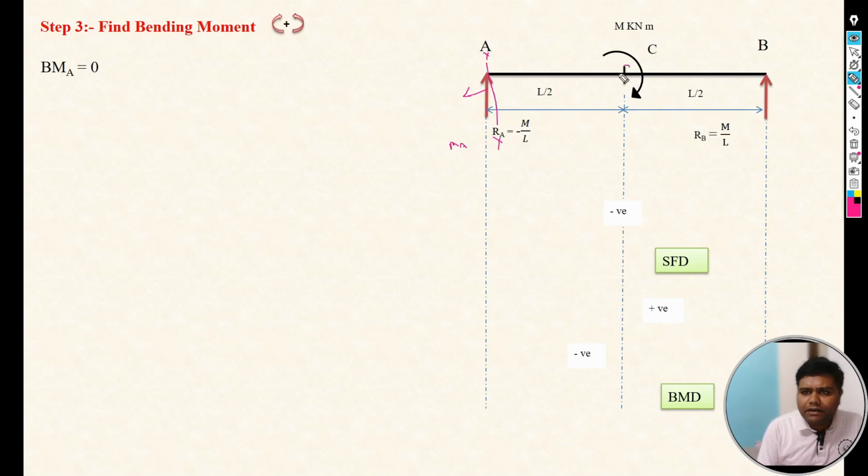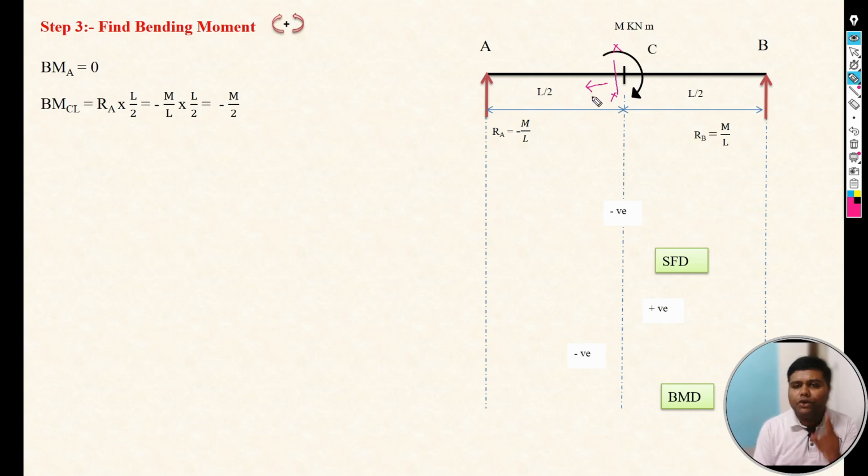Now after that take a moment at C point, but as we discussed we need to take the moment on the left of that particular C point, so that is bending moment C left. If you take the section at the left part of C, and focus on the left part of that section, only one force is there, that is RA.